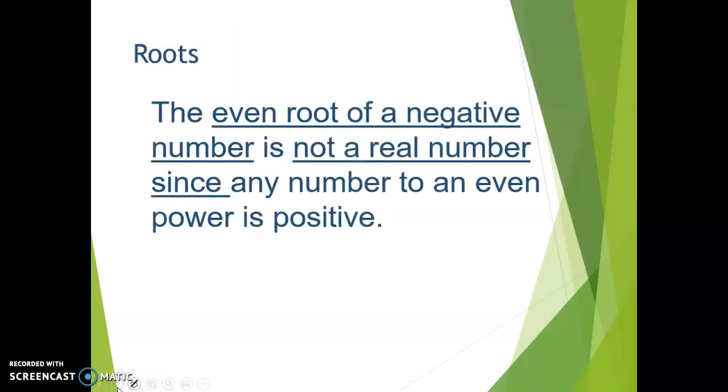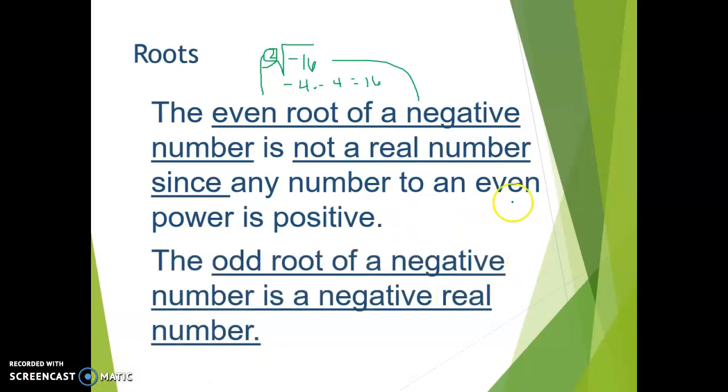Now, we're talking about positive and negative numbers. The even root of a negative number is not a real number. So I could never take the square root of negative 16 because nothing times itself twice is a negative number. Negative 4 times itself twice is always positive. So the even root of a negative number is not a real number, since any number to an even power is always positive.